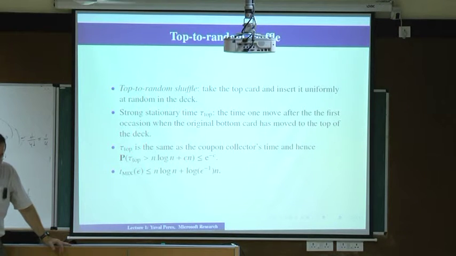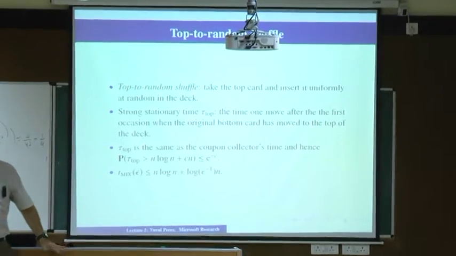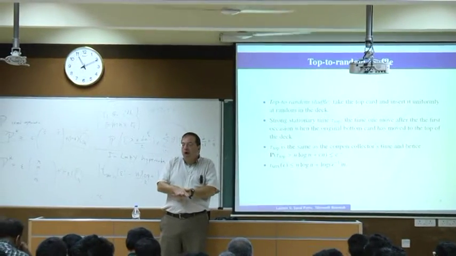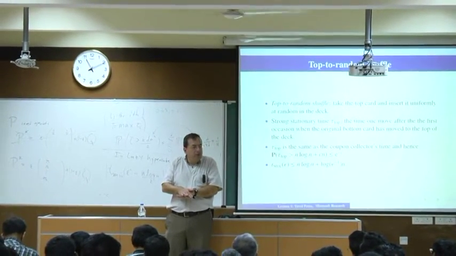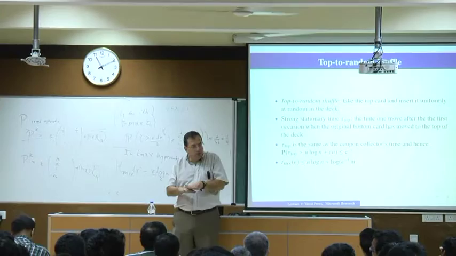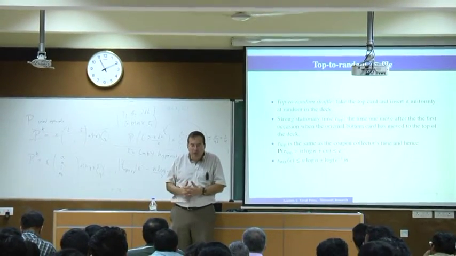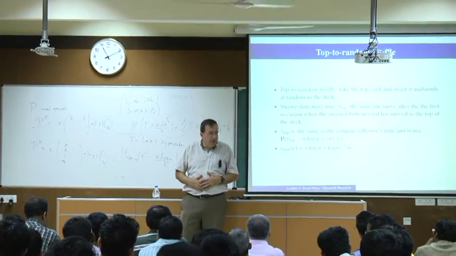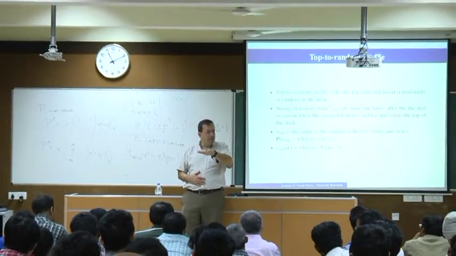So now you get a completely uniform choice, and so you have a strong stationary time. The expectation of this time is closely related to the coupon collector problem. How long does it take the original bottom card to move one step up? Something has to fit under it, and this has probability 1 over n in every step. So it's geometric with parameter 1 over n until the bottom card moves one step up.